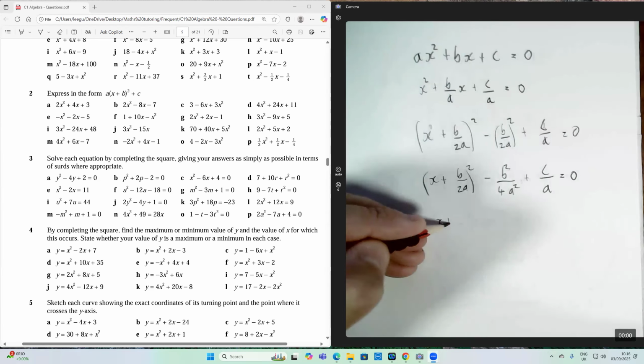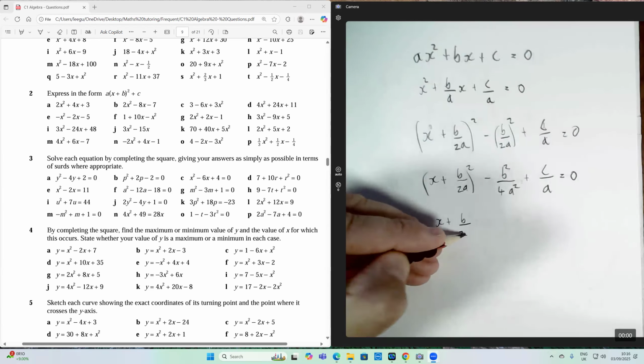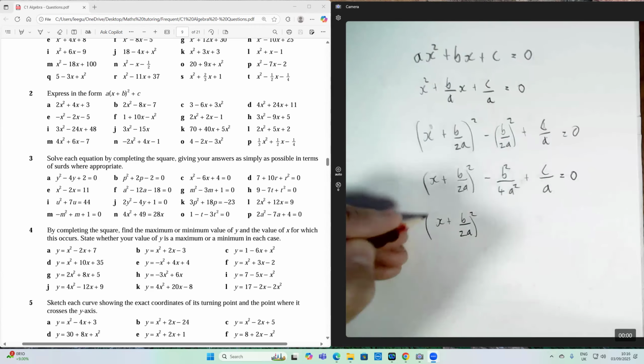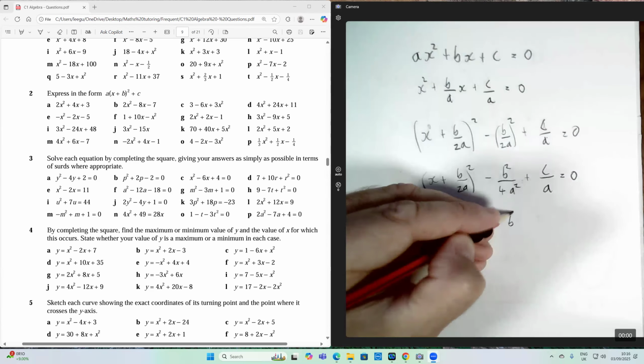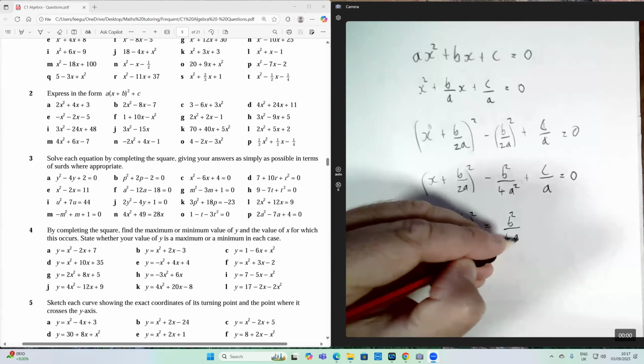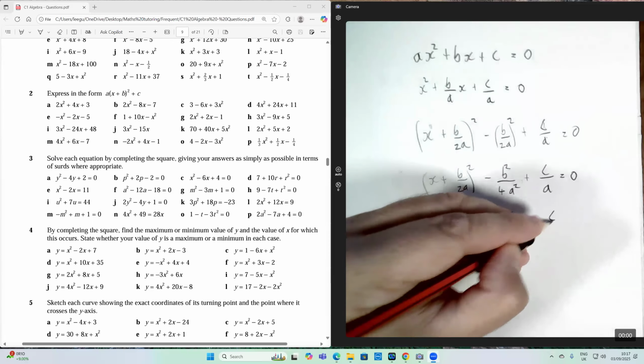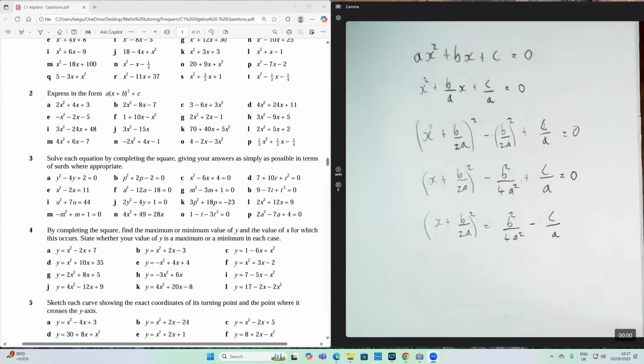So I've got x plus b over 2a all squared is equal to b squared over 4a squared minus c over a. So I've just taken that one over there, so it's become positive, and this one over there, so it's become negative.